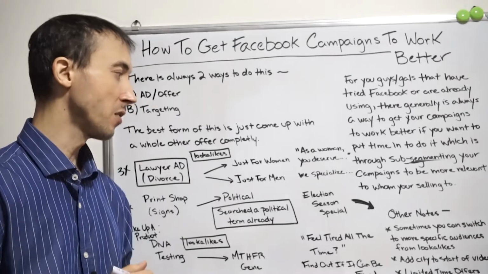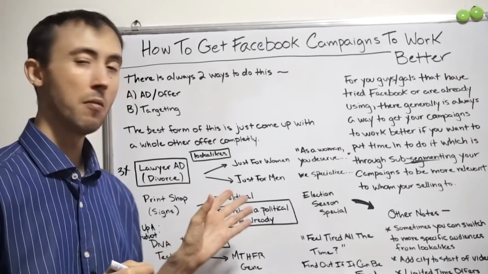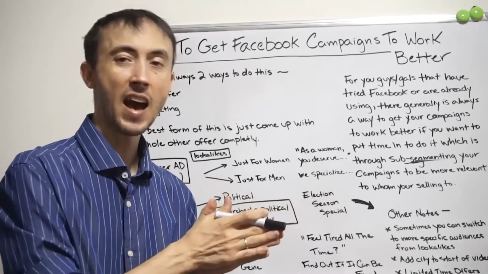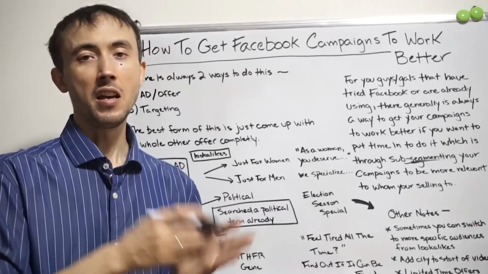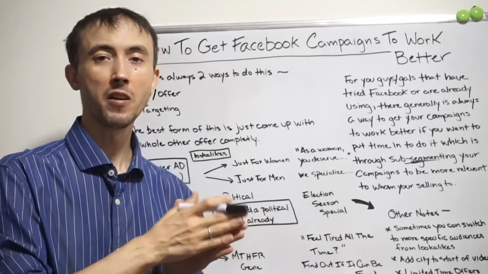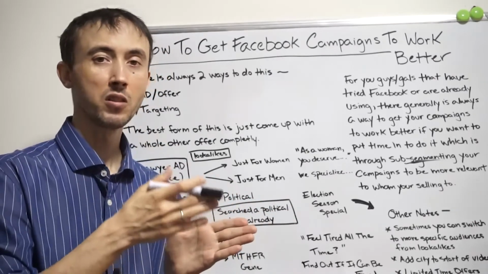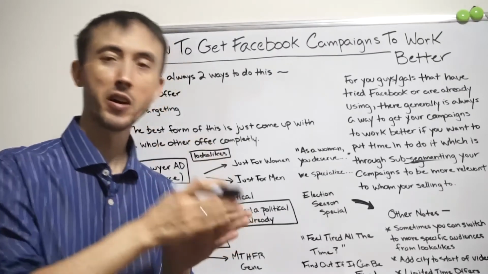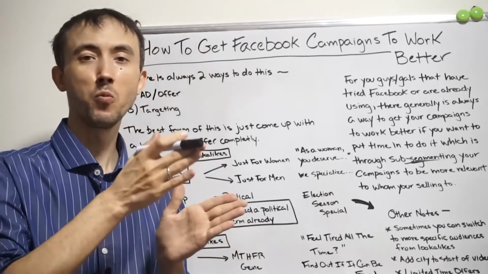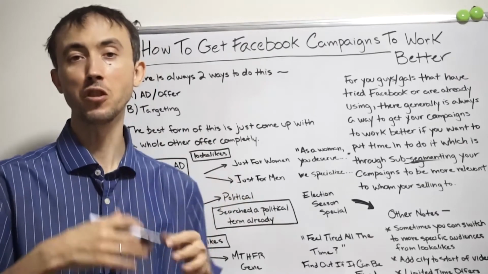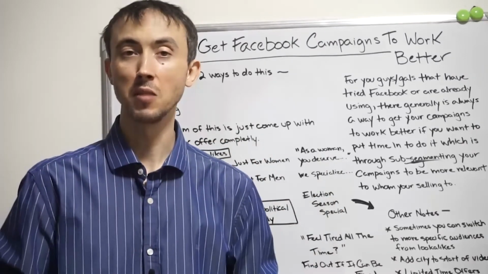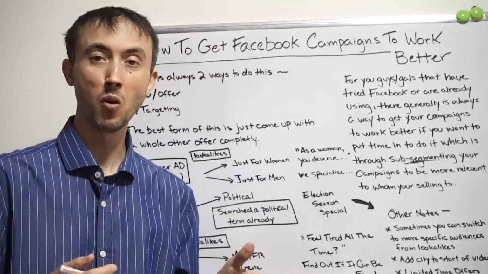So if you can tack on at the end of your offer, which is normally where it goes, this month only, January only, 4th of July weekend only, whatever, you'll generally get upwards of 2x the response rate.